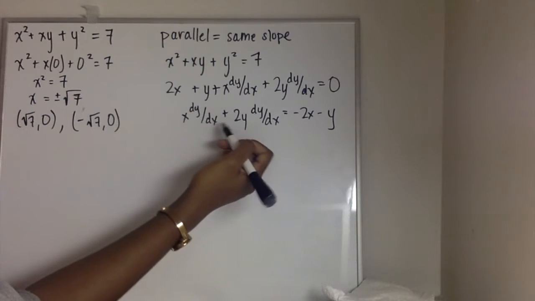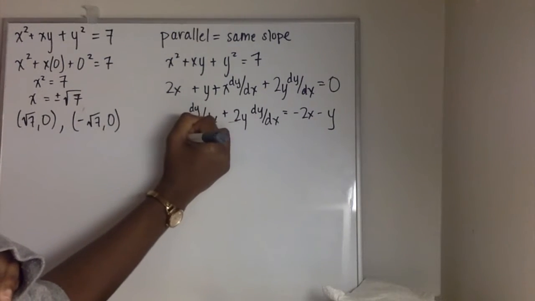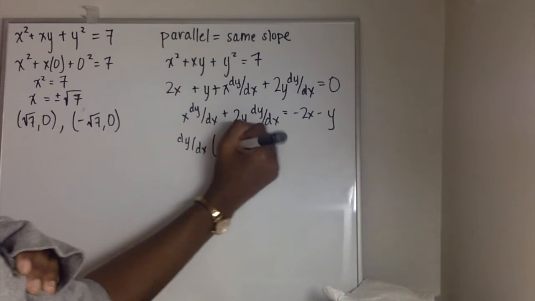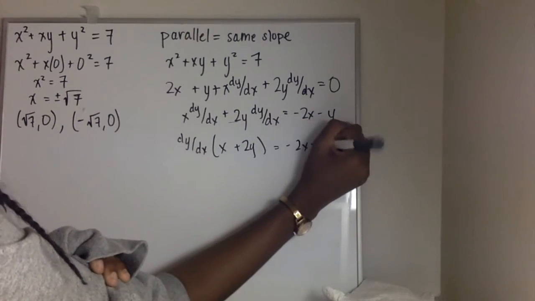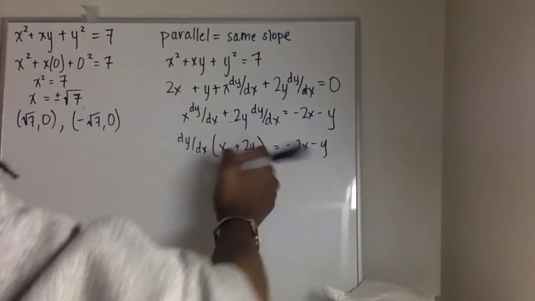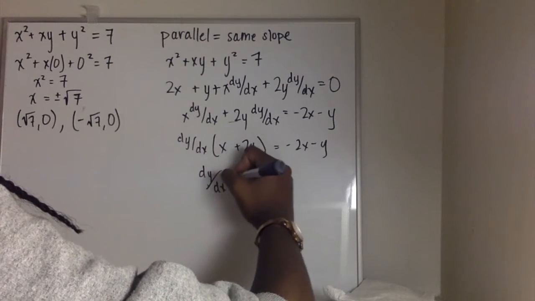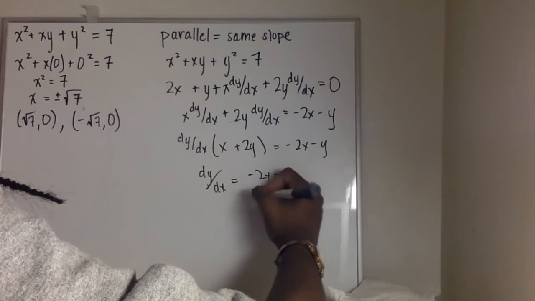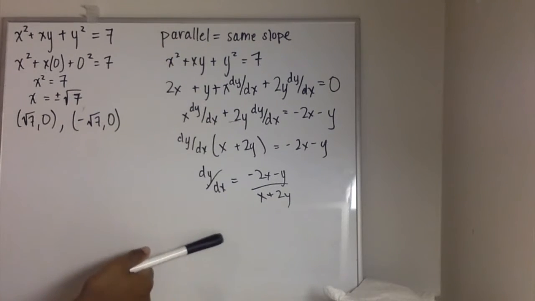Now, in order to isolate the dy over dx, you can factor it out. And then finally, we can divide. So here, dy over dx is going to be equal to negative 2x minus y over x plus 2y. So here we have our equation for the derivative.